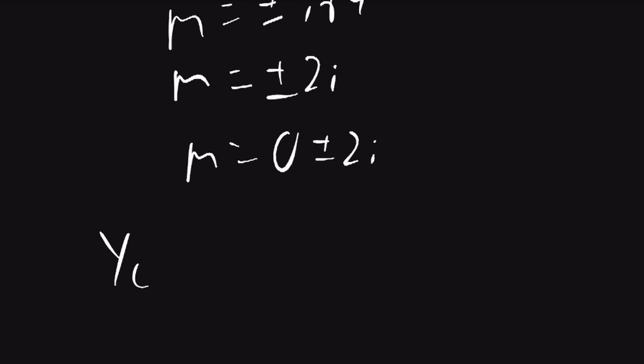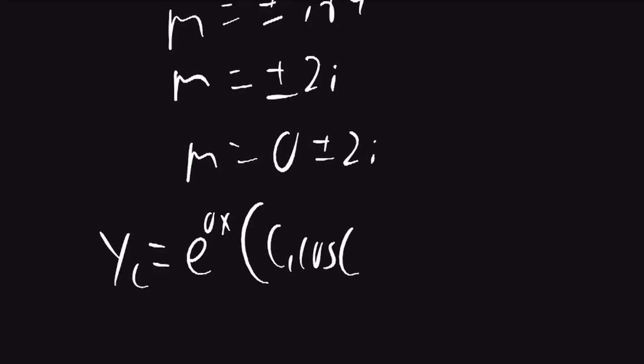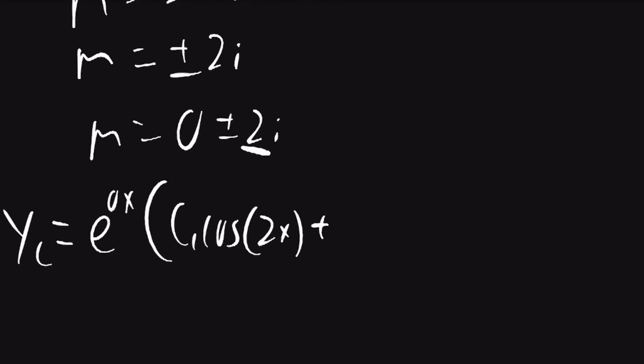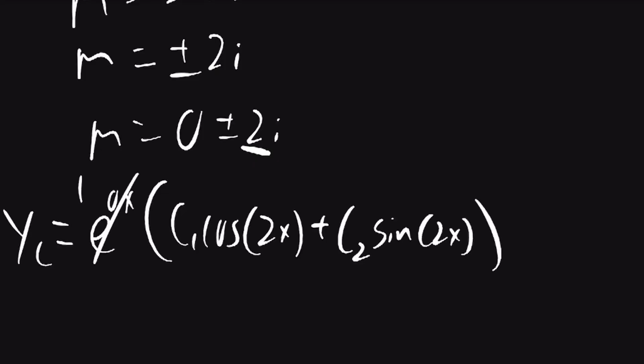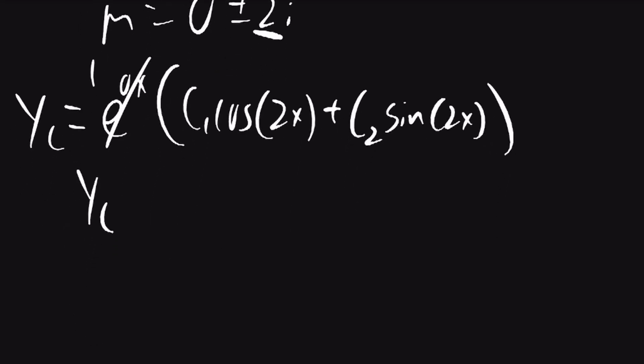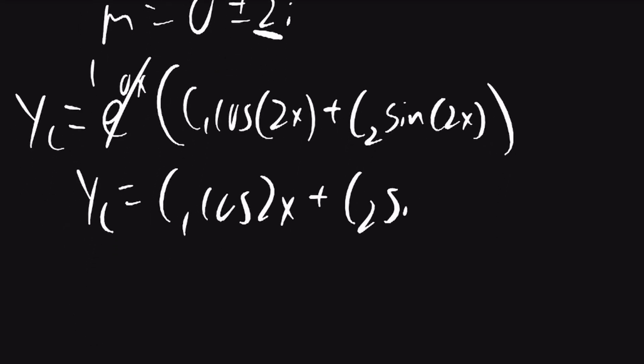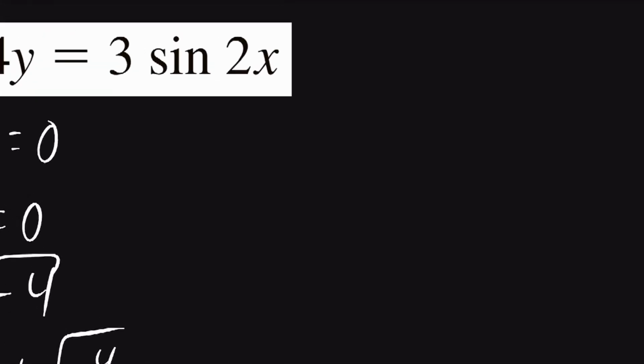So the complementary solution yc is going to be in the form e to the 0x, this comes from the real part of the root, times c1 times cosine of 2x, this comes from the imaginary part of the root, plus c2 times sine of 2x. e to the 0 is 1, so yc is equal to c1 times cosine of 2x plus c2 times sine of 2x. We can now find the particular solution.